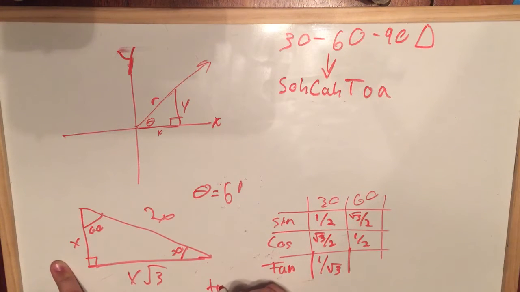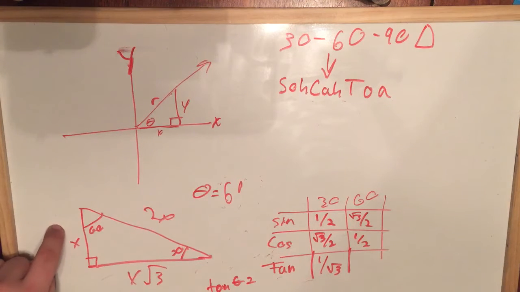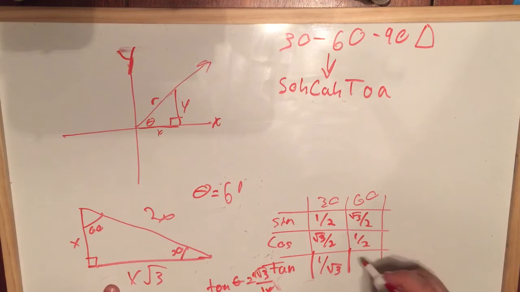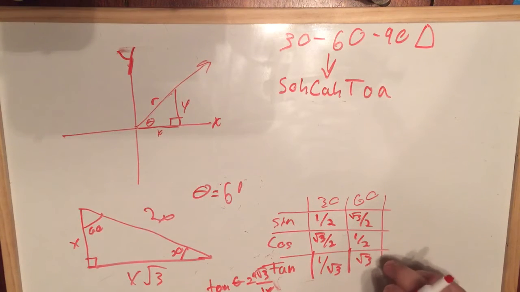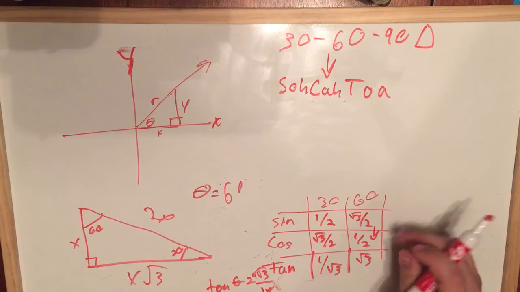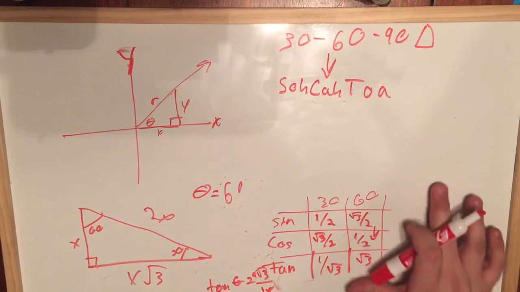And then the tangent of theta here is equal to the opposite, square root of 3 x, divided by the adjacent, x, and the x's cancel out, and we all know that that's going to be the square root of 3. So that's going to be the basic. We can even look at this and just say that that's going to be true, because of how those are multiplied. Yeah, so that's all the basics.